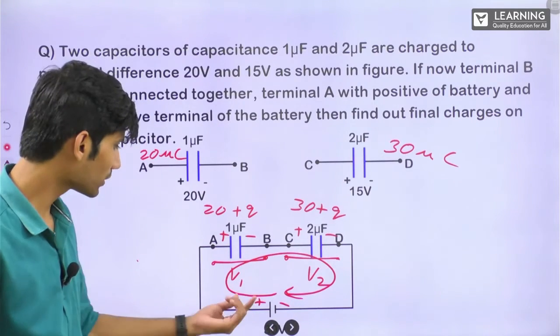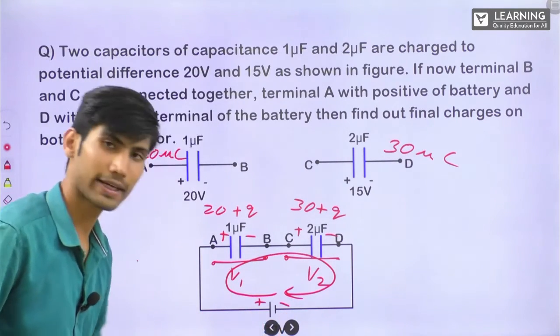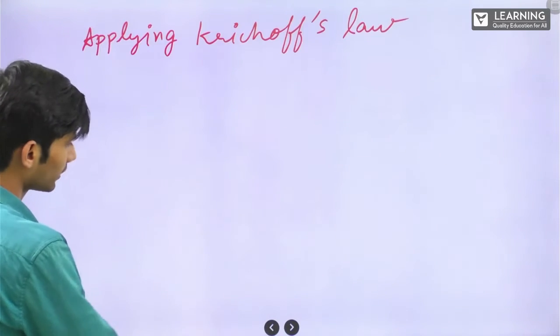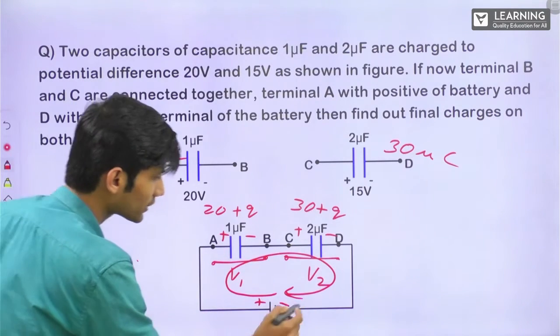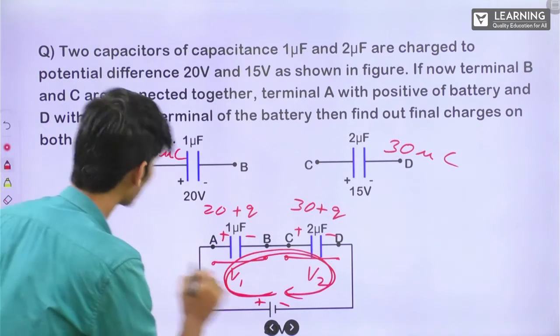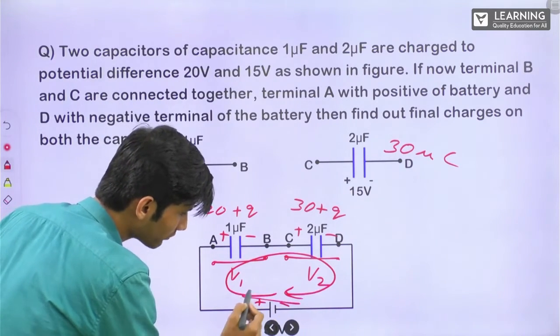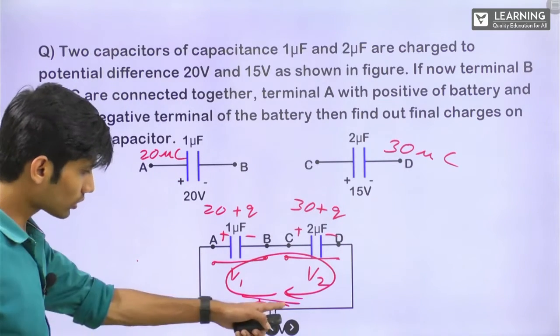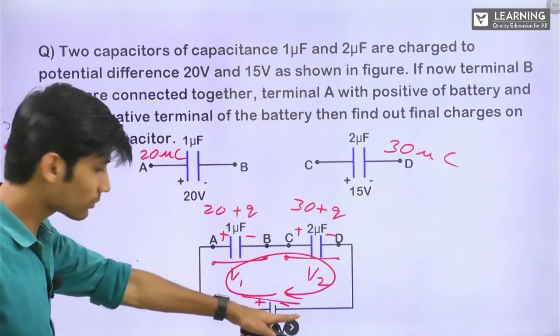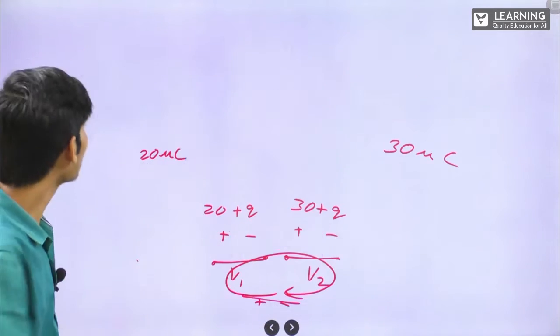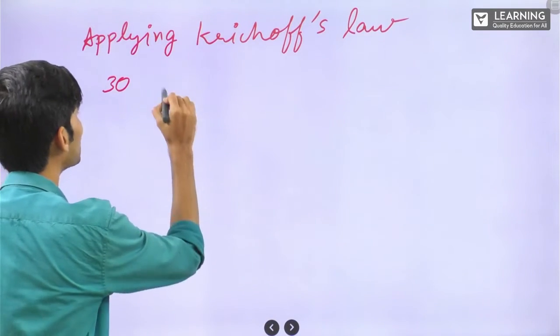All right. Now, here this voltage I will take as positive, understand. Here this is 30, from negative to positive. Just see the direction, we are moving like this. From negative to positive, we are moving here. So, to where are we moving? We are moving to positive. So, this 30 will be written as plus.